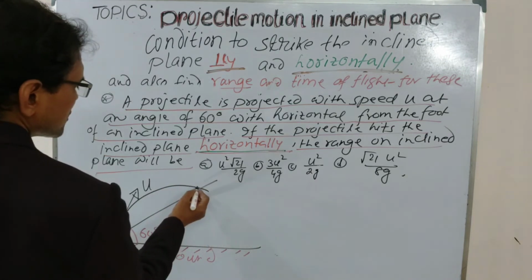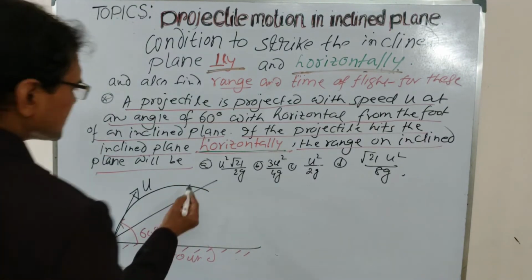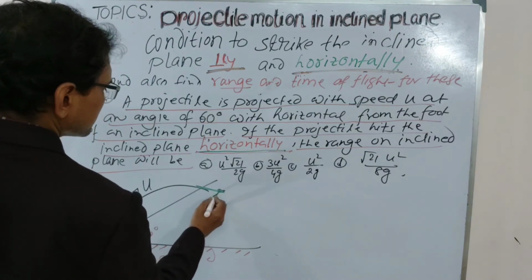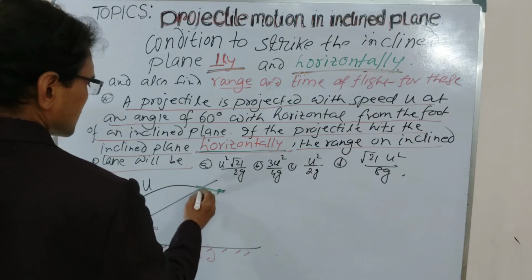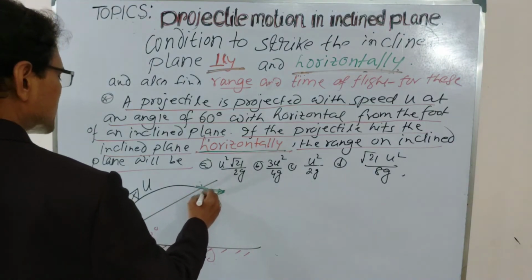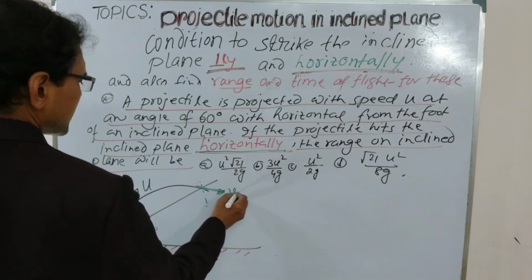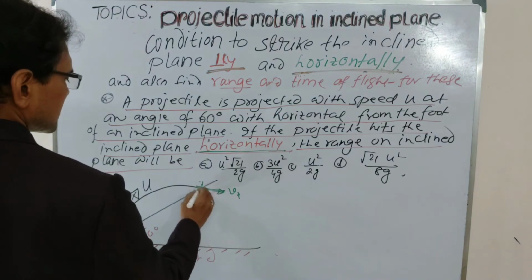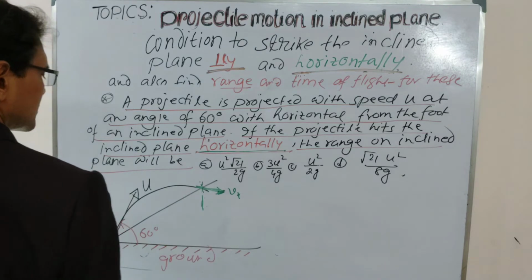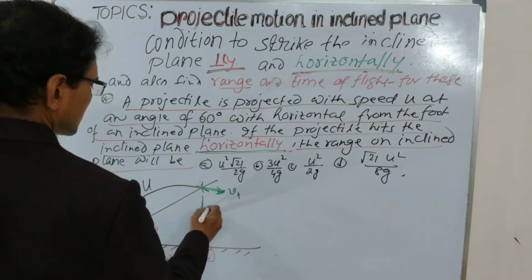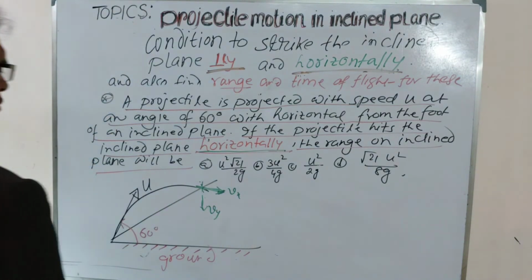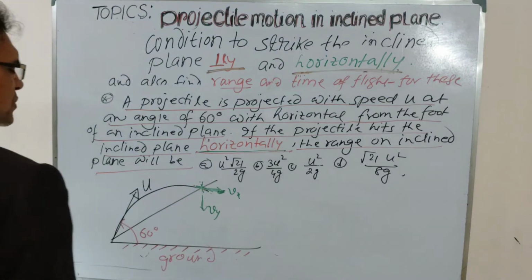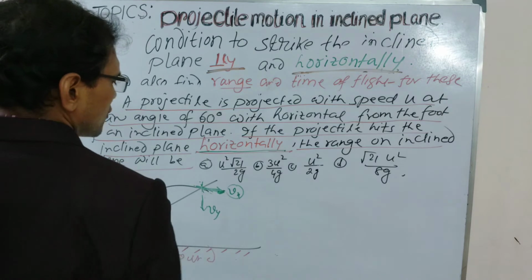Now if the velocity here is this, it is completely horizontal. Now it strikes horizontally, so Vy must be 0. If this is Vx and this is Vy, the condition here is Vy equal to 0, only Vx present.